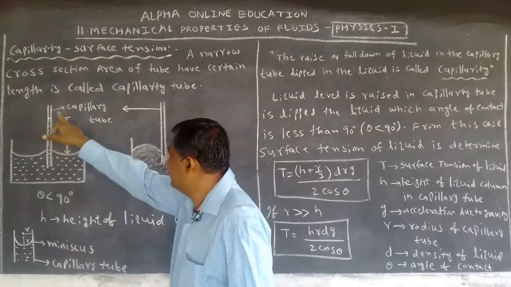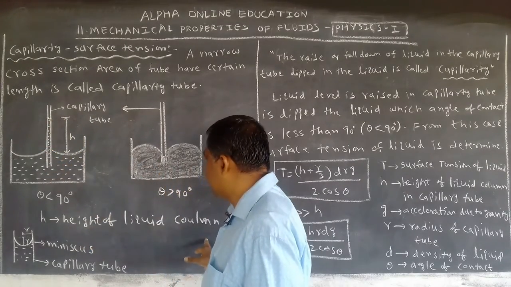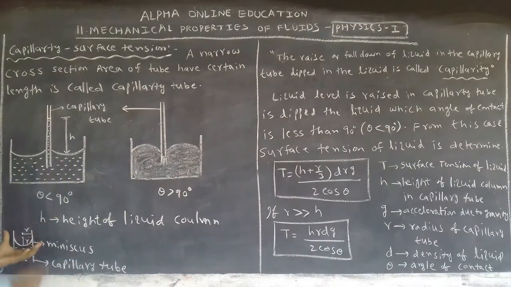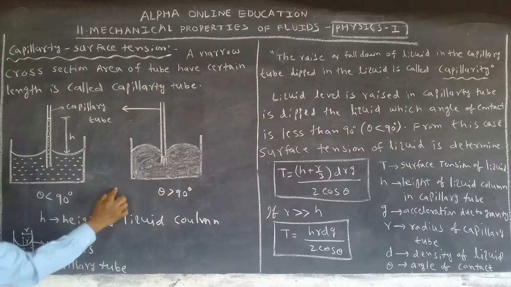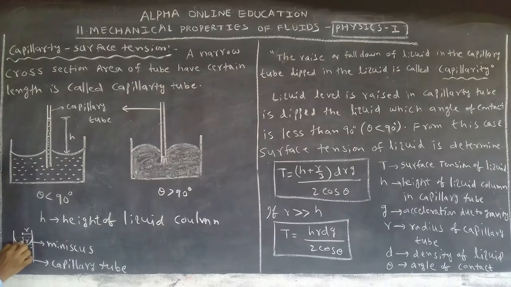The height up to which the liquid is raised is called the height of the liquid column. The surface of the liquid in the capillary tube appears in a shape like a crescent, which in science is called a meniscus. Here to here is the radius, and here to here is also the radius.